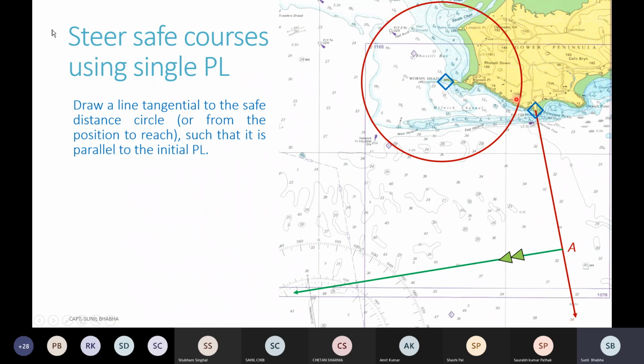You can see the initial position line plotted on the chart. We require a tangent to the safe distance circle parallel to this initial PL. So you can pick up your parallel rulers, set squares or sliding rulers, whichever tool you are using to draw parallel lines. Align it with the initial PL and then move it to draw a tangent to the safe distance circle. So let's plot it on the chart.